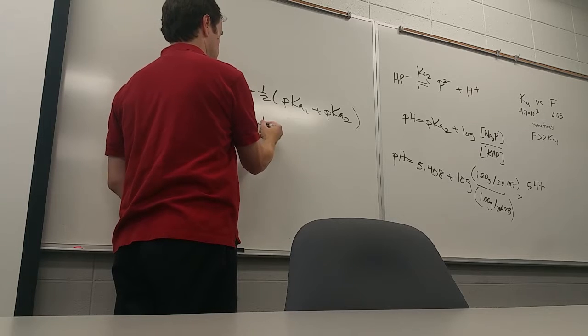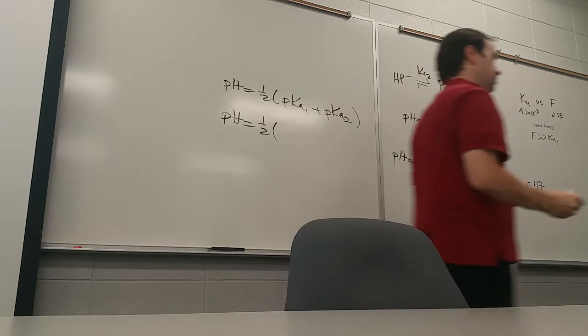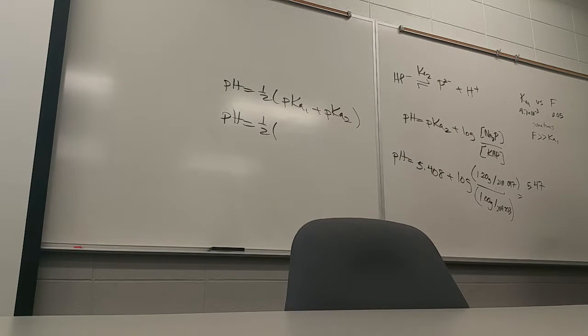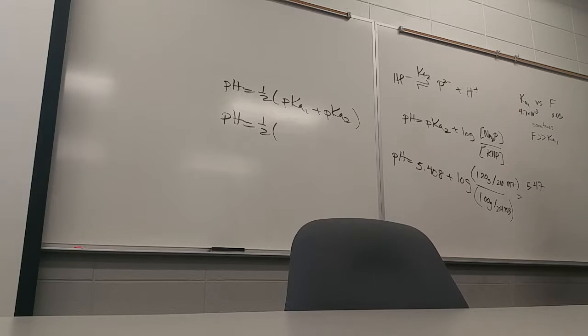That still works, assuming that we can make the assumptions, which we hope we can. This equation right here is really functionally the same equation of the diprotic system, and so it can be boiled down, to use a bad term, into this little approximation.